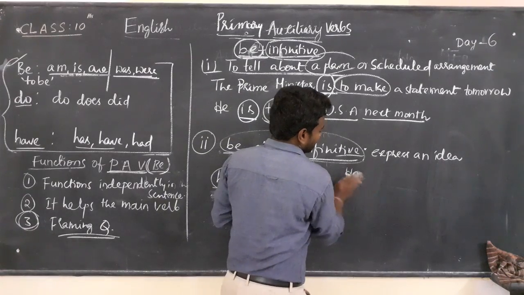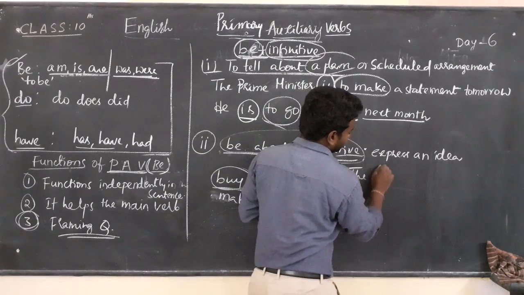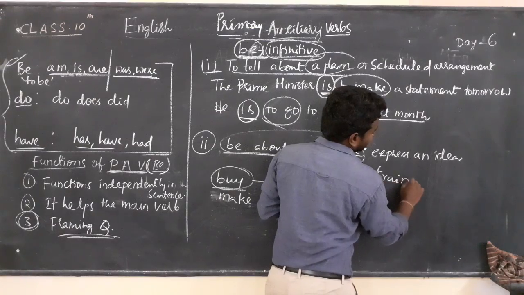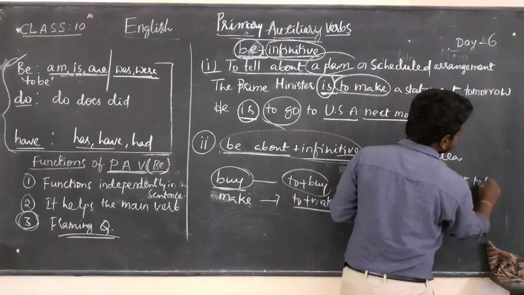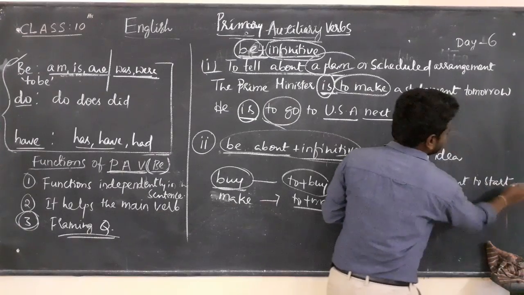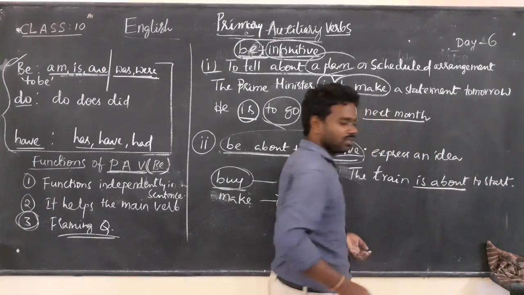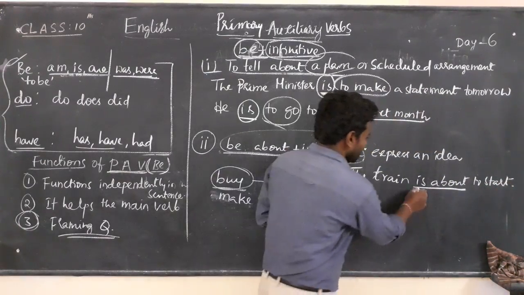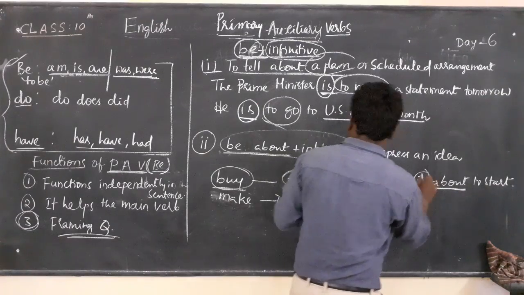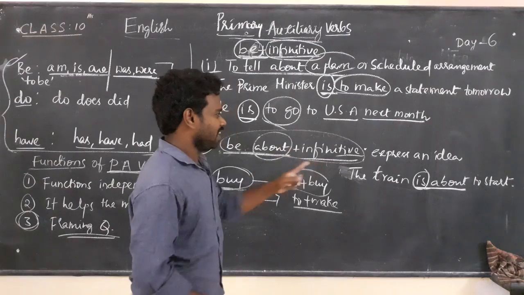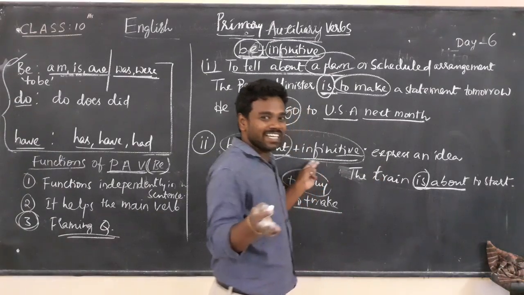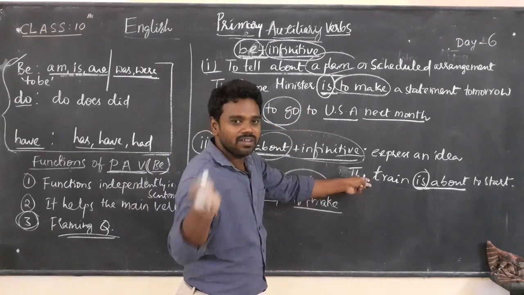For example, the train is about to start. "Is" is a be form. "About" is used to express an idea, that it is ready to leave, ready to start.